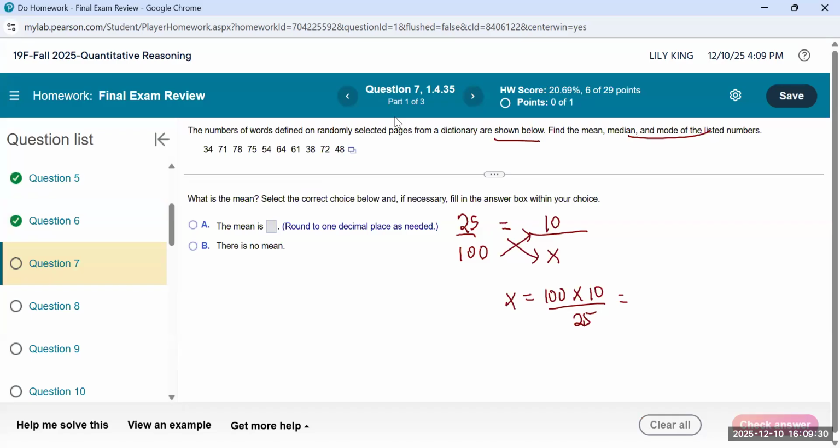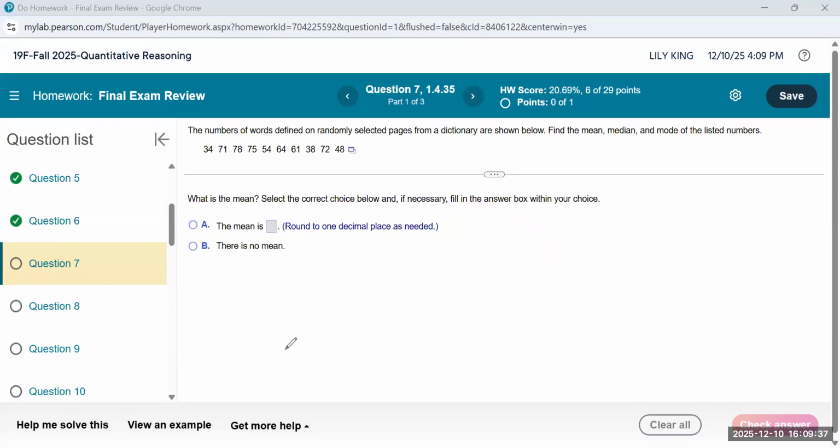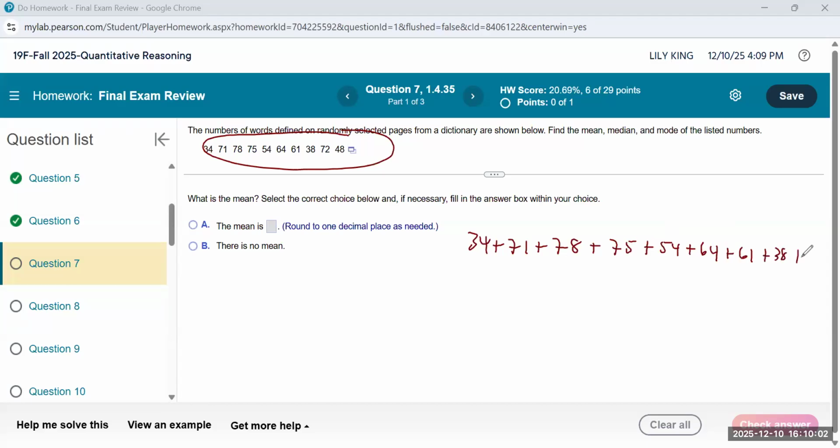Question 7. Descriptive statistics. Here we're going to look at how to find the mean, median, and mode for these listed numbers. Mean is the same as the average, so we add up all these values and divide by how many numbers there are. We have 34 plus 71 plus 78 plus 75 plus 54 plus 64 plus 61 plus 38 plus 72 plus 48.